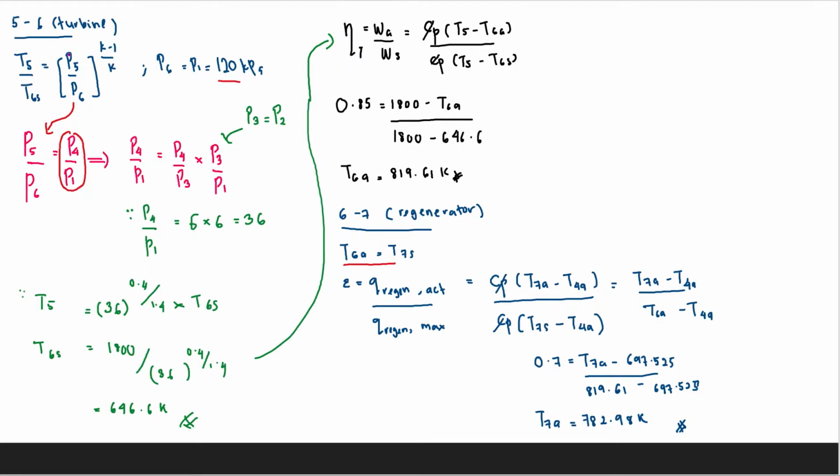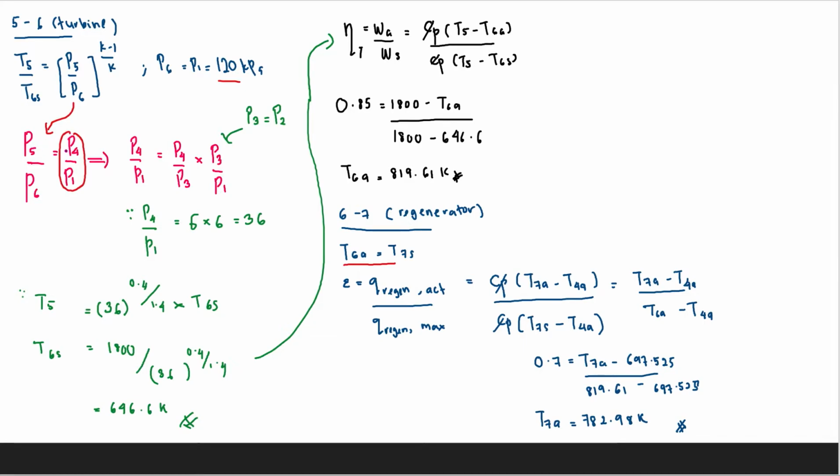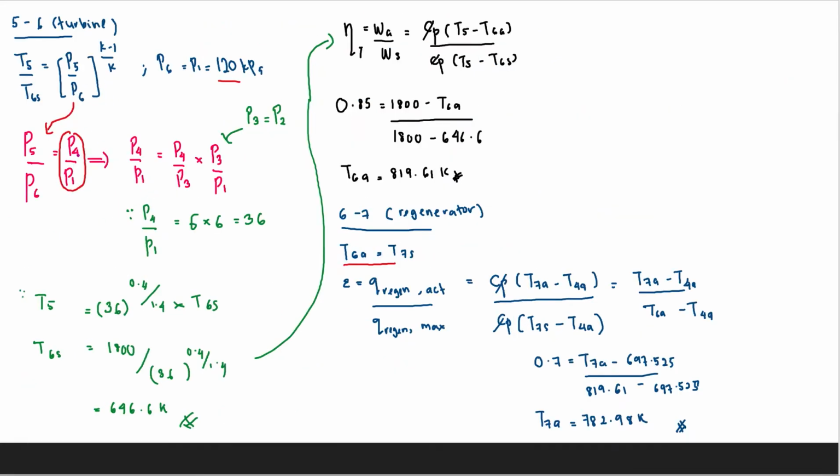The idea is we take out P5 over P6, and we know that P5 is equal to P4, and also P6 is equal to P1. Then I modify this equation, P4 over P1, with P4 over P3 multiplied with P3 over P1.